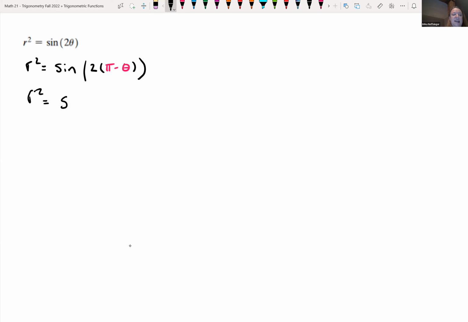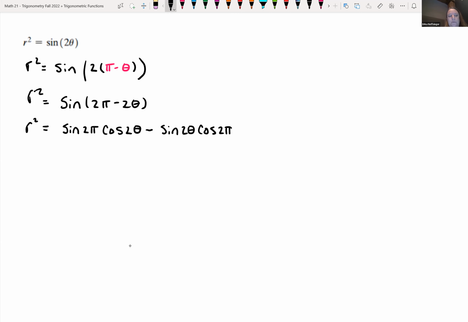So I have sine of 2 pi minus 2 theta. So I have a difference of 2 angles for sine. So let's rewrite this. This is sine of 2 pi cosine of 2 theta minus sine of 2 theta cosine of 2 pi.